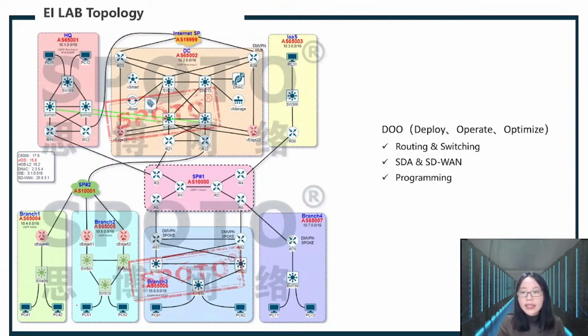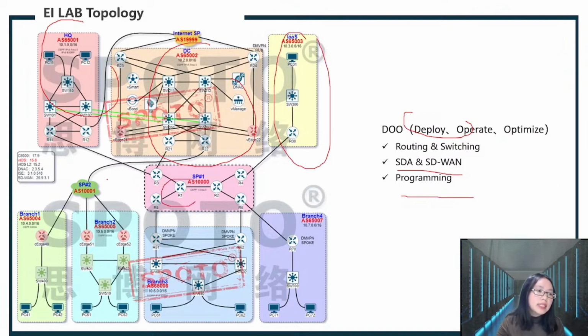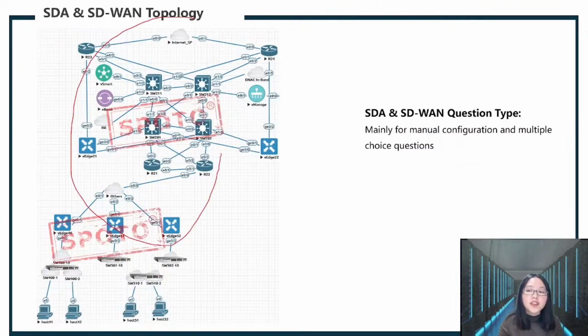EI examines the candidate's deploy, operate, and optimize capabilities, referred to as SDOO, which is mainly configured from routing, switching, SDA, SD1, and programming. These belong to HQ, and these belong to DC, IAS, SP1, SP2, and the 4 branches. You can see this topology falls under the category of SDA and SD1.